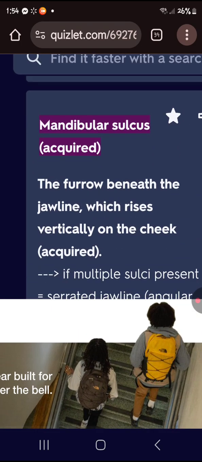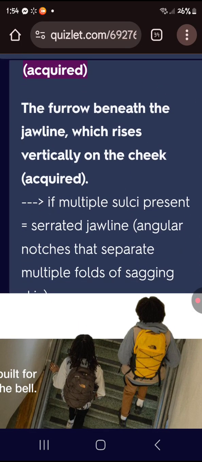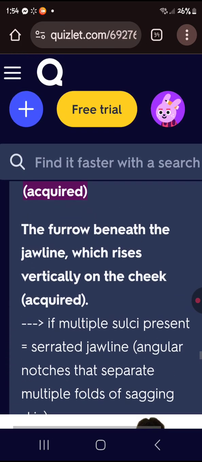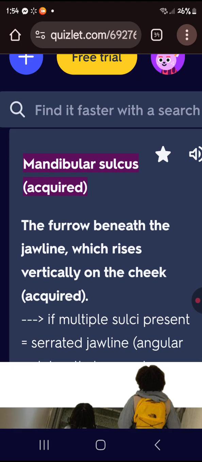The mandibular sulcus, the furrow beneath the jawline. Mandibular, you already know jaw, but you got to remember that it's beneath the jawline. The term doesn't really indicate superior or inferior on the jaw. So you just got to remember mandibular wrinkles, right?